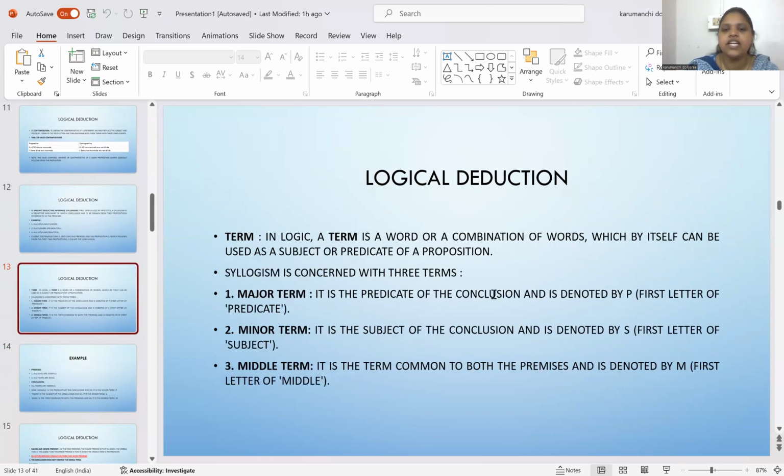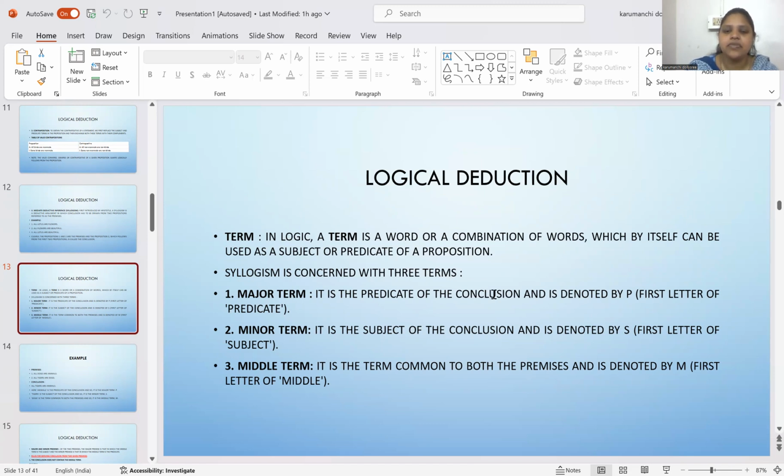And the term is a word or a combination of words which by itself can be used as a subject or predicate of a proposition. Syllogism is concerned with three terms: major term, minor term, and middle term. The major term is the predicate of the conclusion and is denoted by P, the first letter of predicate.